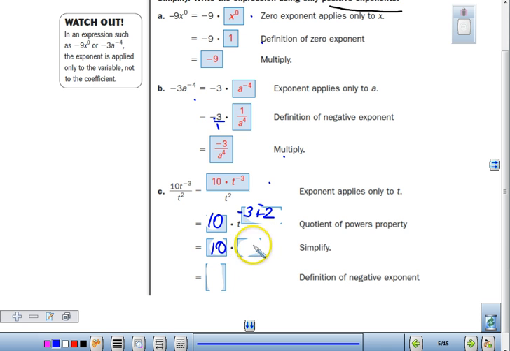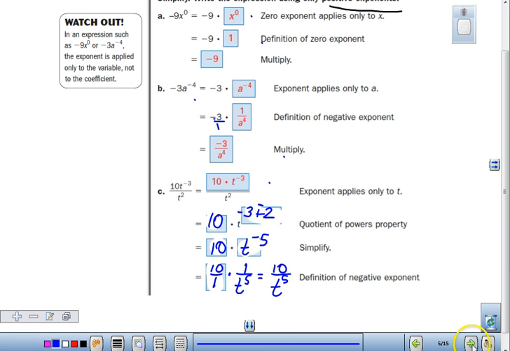That gives us 10 and t to the negative 5. Well, our rule said no negative exponents, so we're going to rewrite this as 10 over 1 times 1 over t to the 5th. What is my final answer? 10 over t to the 5th power.